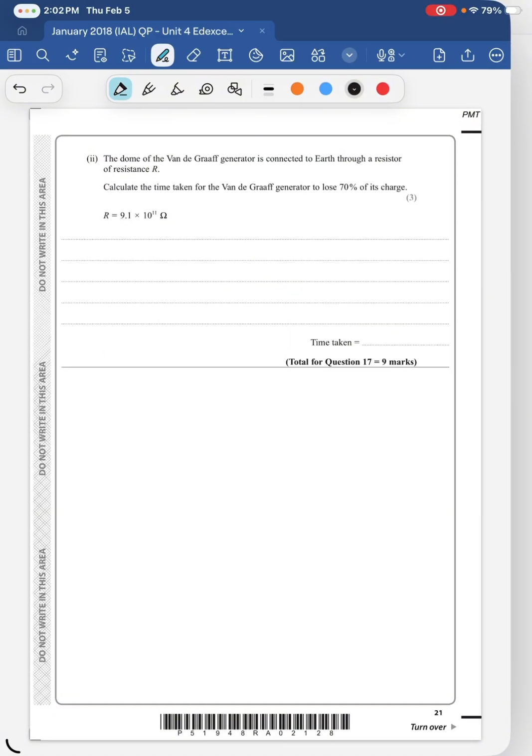Part 2. The dome of the Van de Graaff generator is connected to Earth through a resistor of resistance R. Calculate the time taken for the Van de Graaff generator to lose 70% of its charge, and they give us the resistance. So, using the resistance, we can find the time constant.